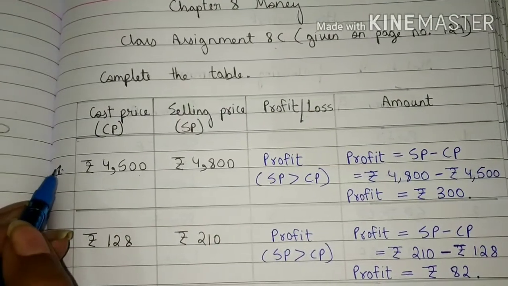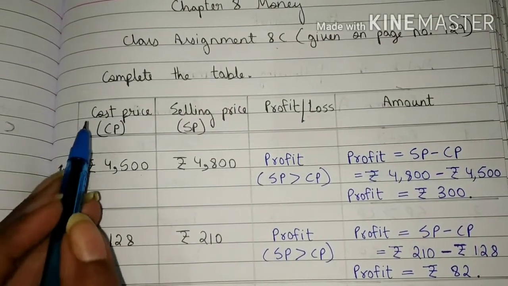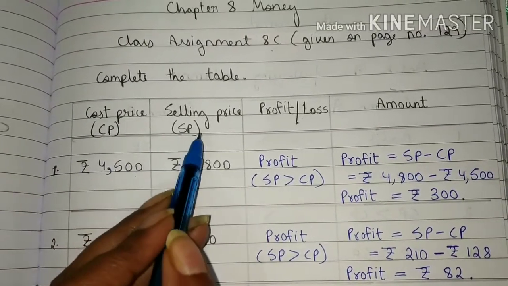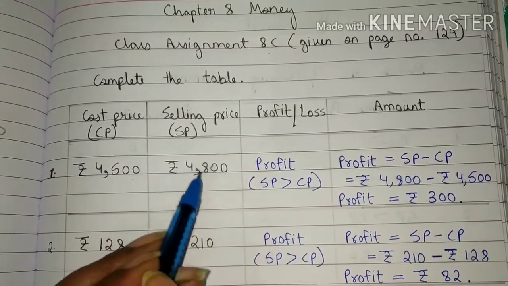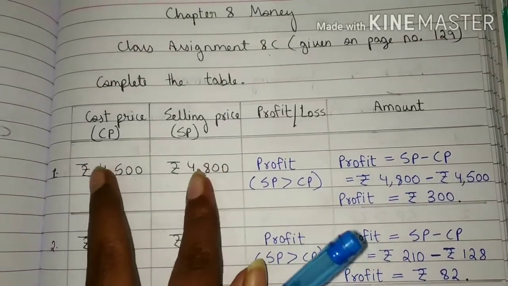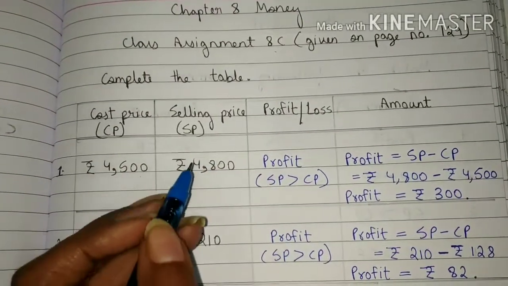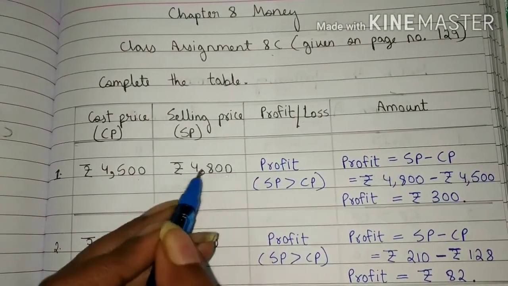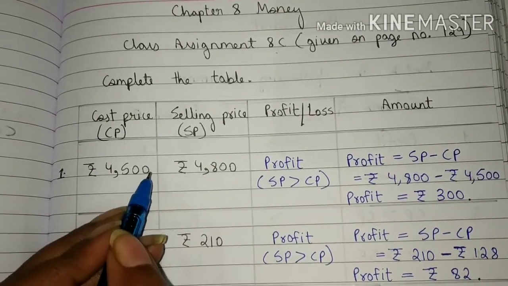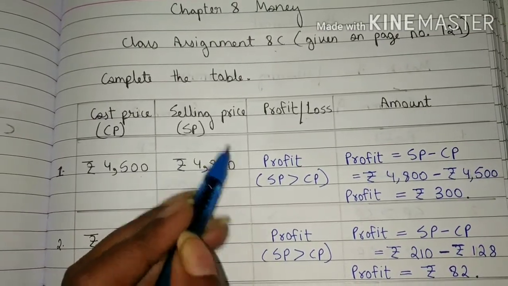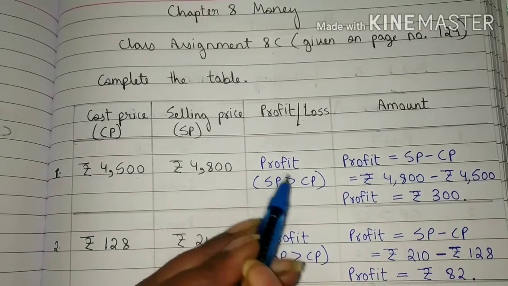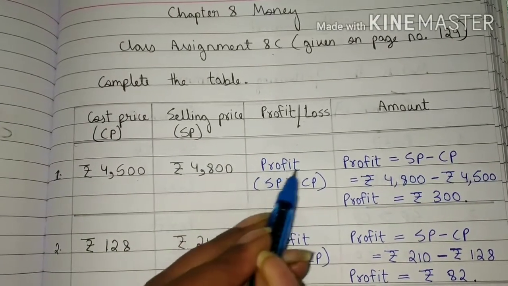Now students, come to first one. Cost price is rupees 4,500. Selling price is rupees 4,800. Students, when you compare these two prices, you will see that rupees 4,800 is greater than rupees 4,500. It means selling price is greater than cost price. Students, we know that if selling price is greater than cost price, then there is a profit.